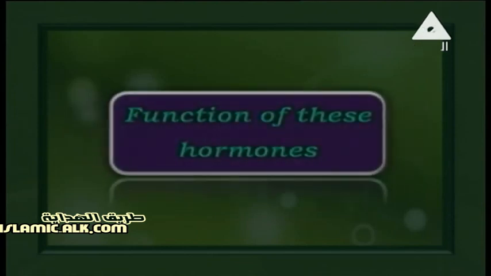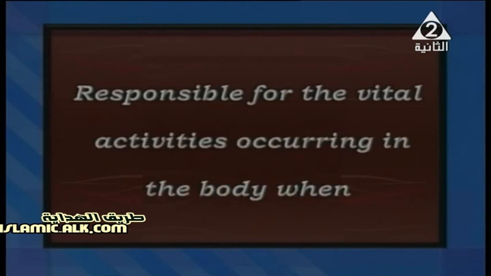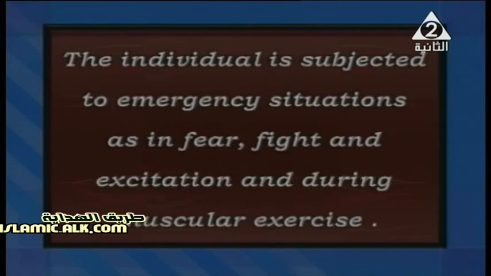the functions of these hormones, adrenaline and noradrenaline. Number one, they are responsible for the vital activities that happen inside the body when the individual is subjected or exposed to emergency situations such as fear and fight, or excitation, and during muscle exercise and extra effort on the muscle.